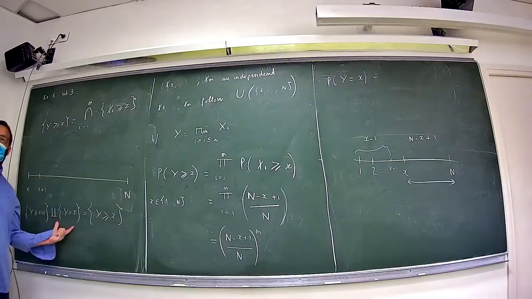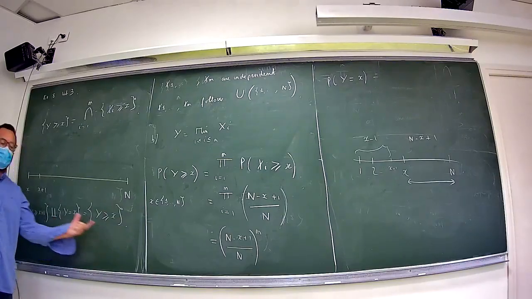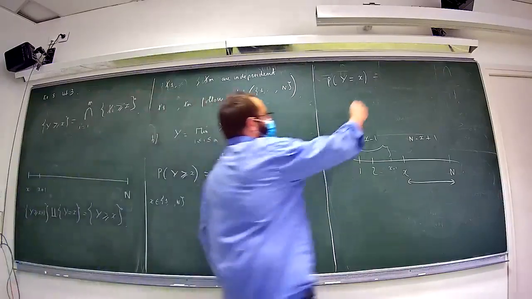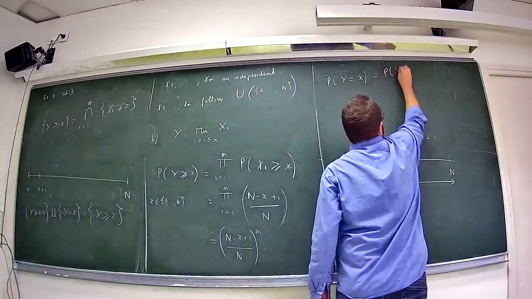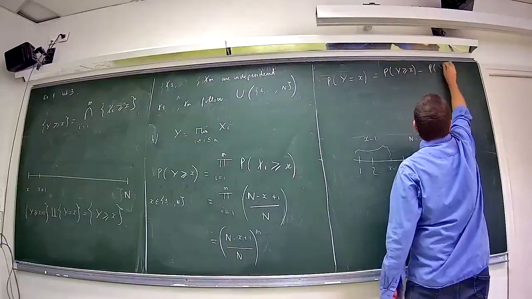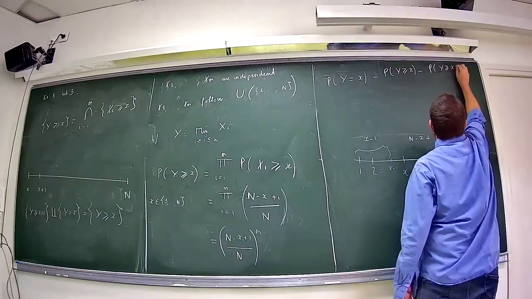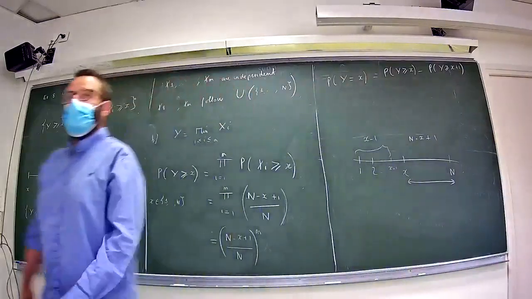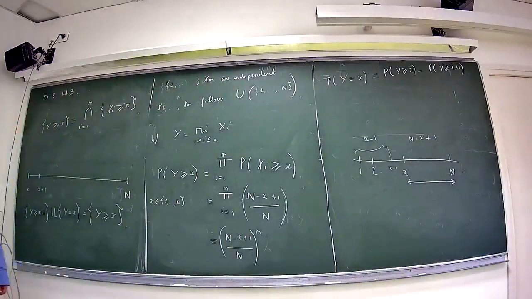The probability of this set minus the probability of this one. And so I have just to plug in.